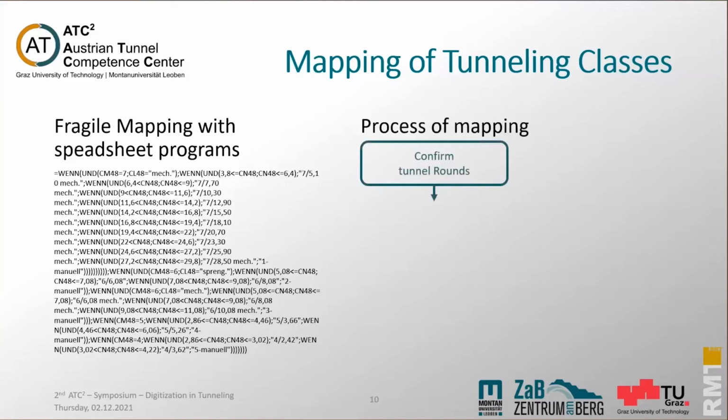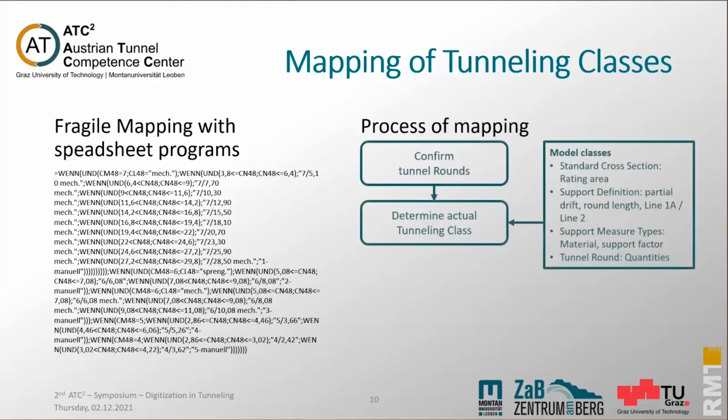How is the process of mapping in our prototype? First of all, we start with the confirmation of the tunnel rounds, as I showed you. Then we determine the actual tunneling classes by calculating the first and second organizing number according to the UNOM 2020-03.1. We have that in our model classes, which you can see on the right side.